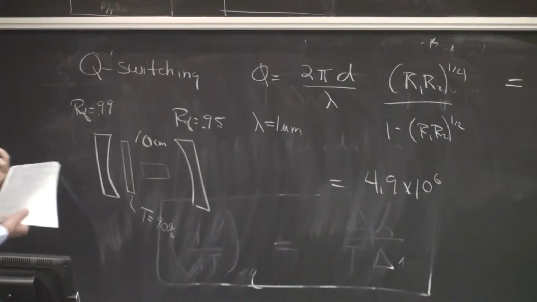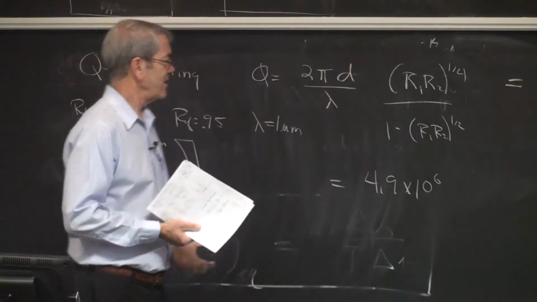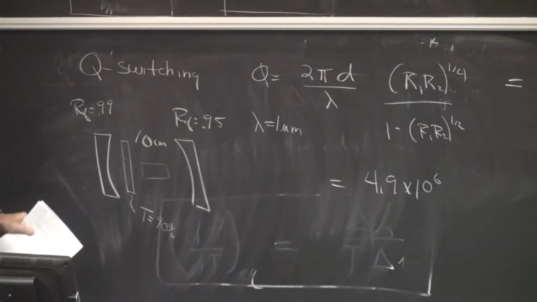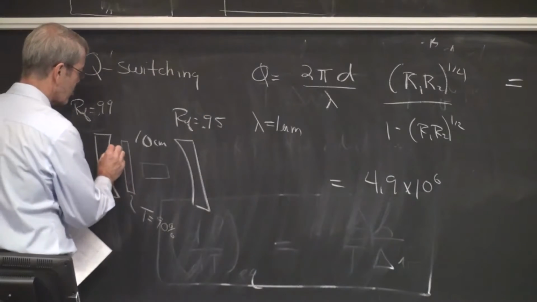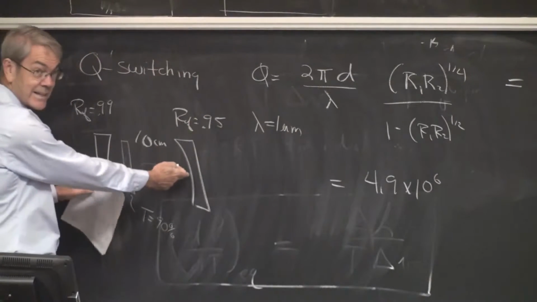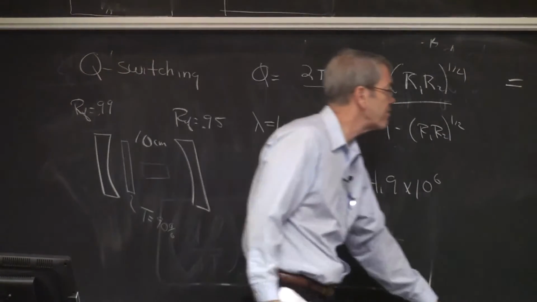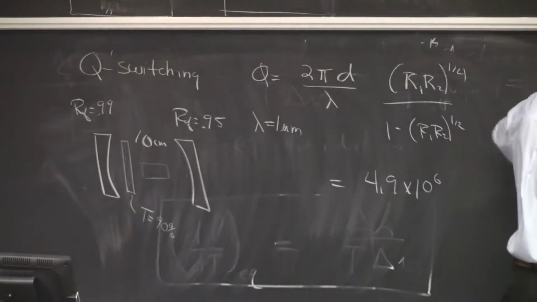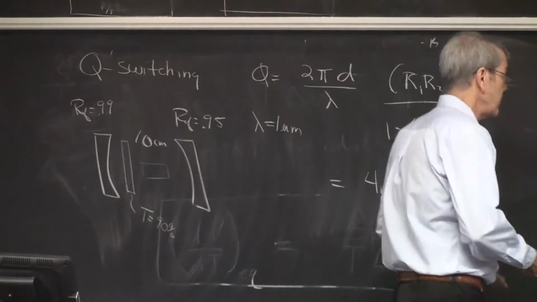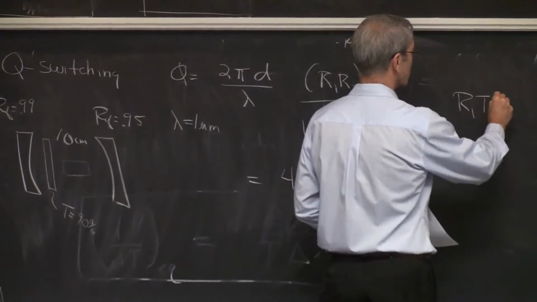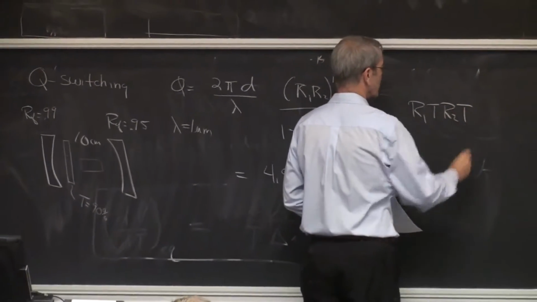And so I got a formula kind of like this. I want you to look at it. What's really going on is I've got an R1, R2. So I've made a round trip, and R1 and R2 have remained. So if I add a loss in here, this is going to morph. I just have to figure out what's remaining in the cavity. And what's remaining is now R1, the transmission, R2, the transmission.